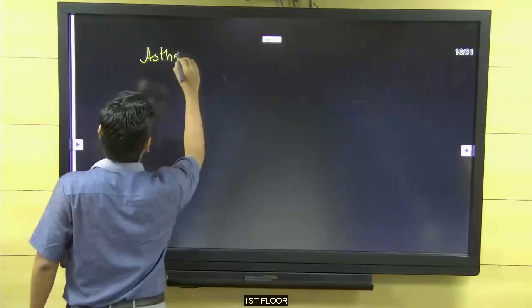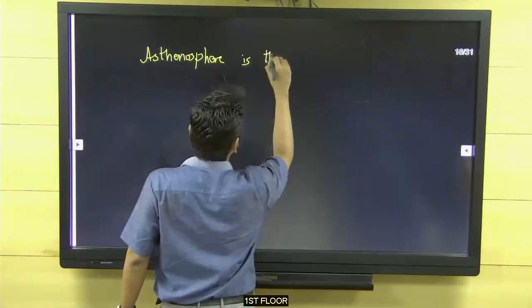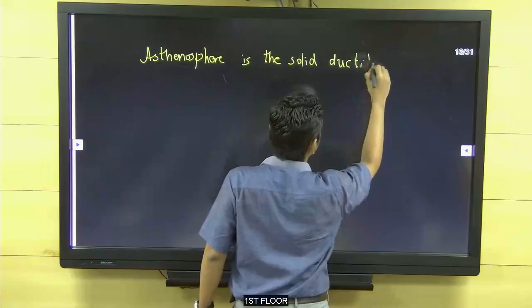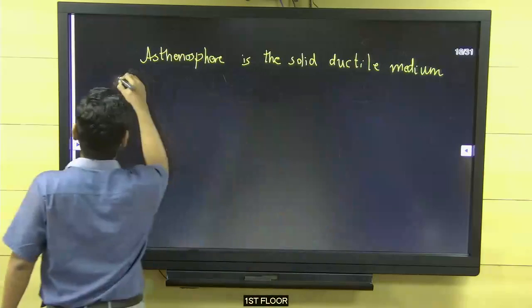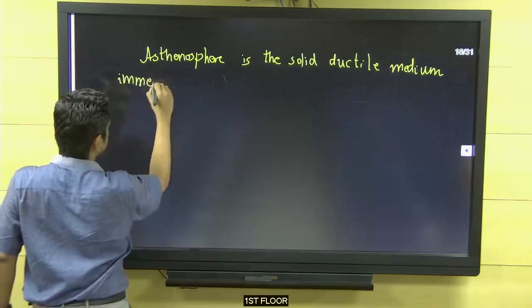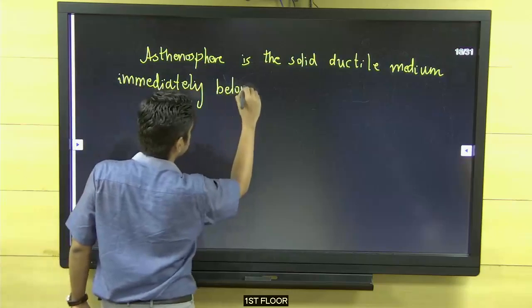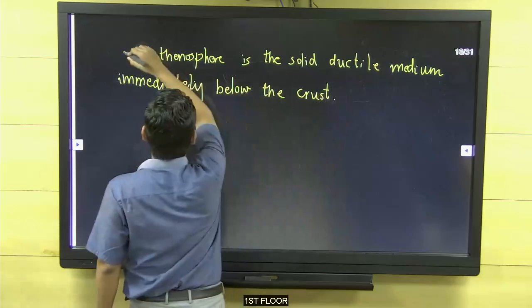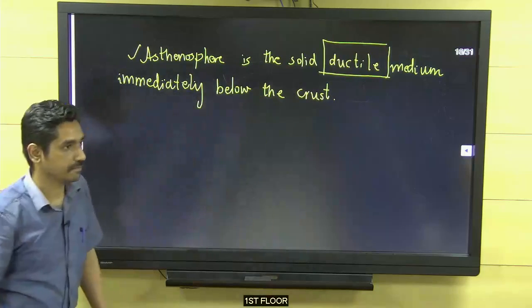Asthenosphere is the solid ductile medium immediately below the crust. Solid ductile medium.